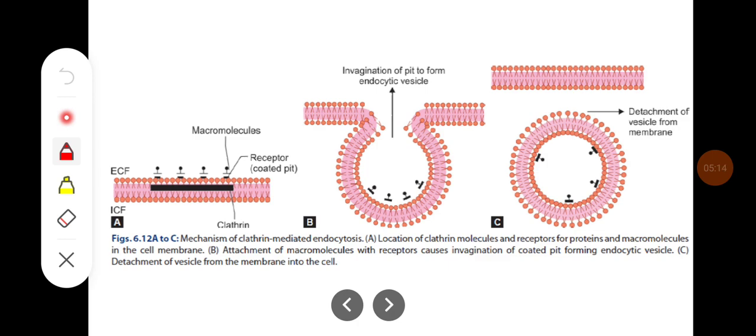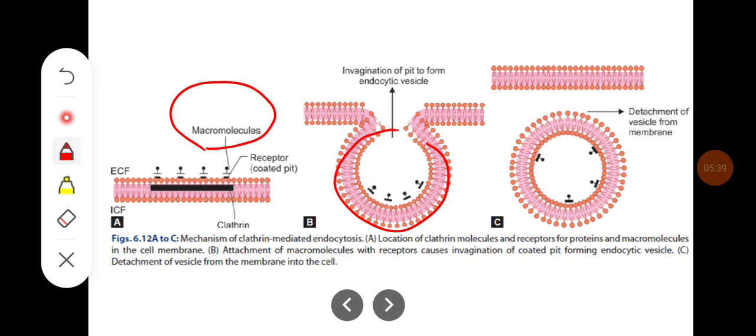So this is an example mechanism of Clathrin mediated endocytosis, where initially the macromolecules which are to be endocytosed attach on the receptor site. Then the attachment of the molecules with the receptor causes invagination of the coated pit, forming an endocytic vesicle.